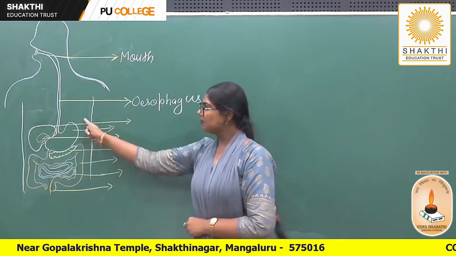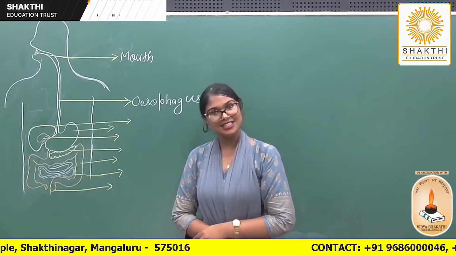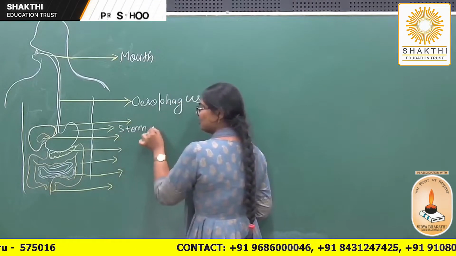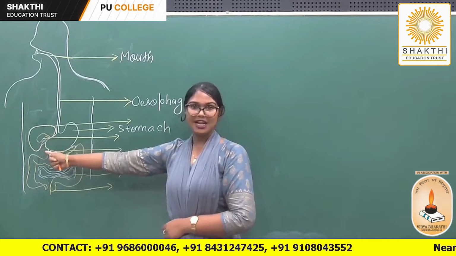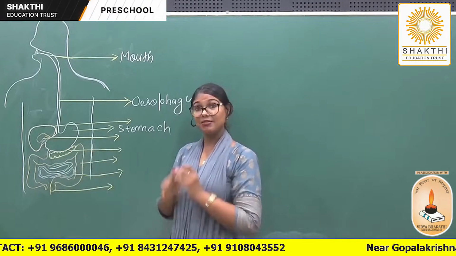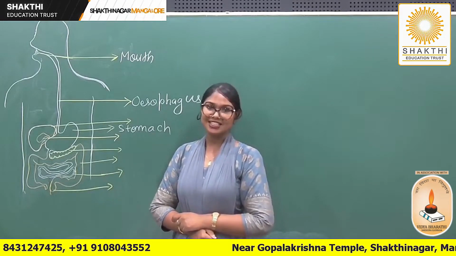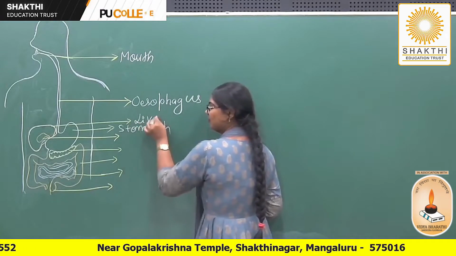Following the pipe is a large muscular organ, that is the stomach, the most important one. Present above the stomach on the right side is a very large, in fact the largest organ in our body, that is the liver.